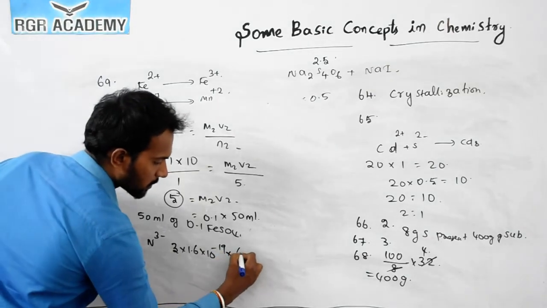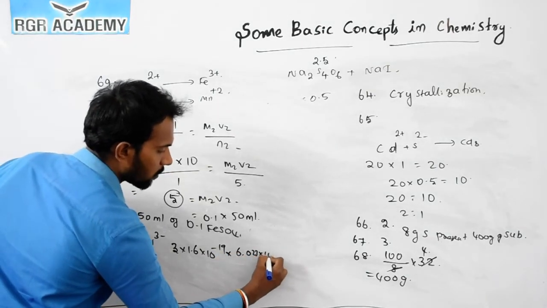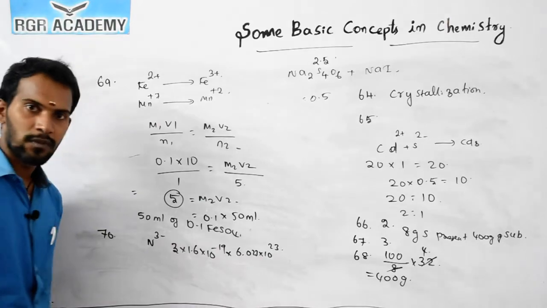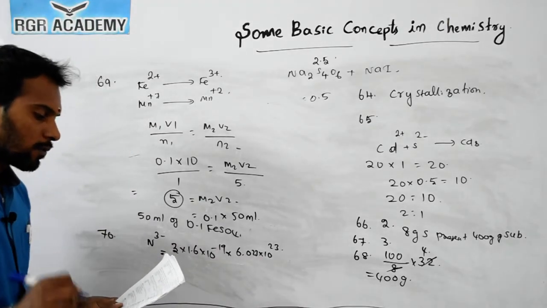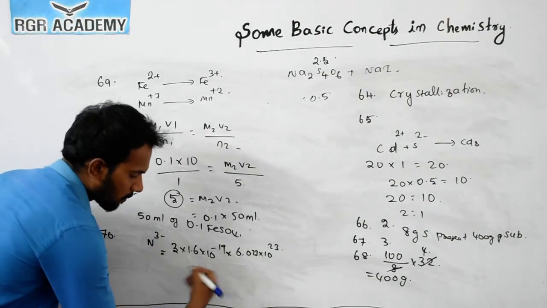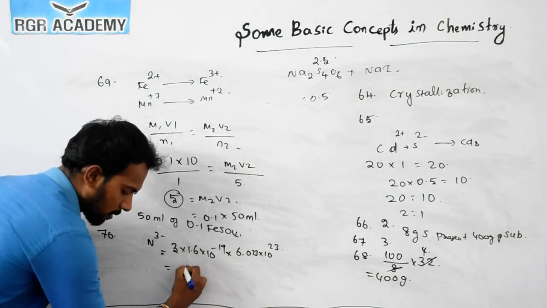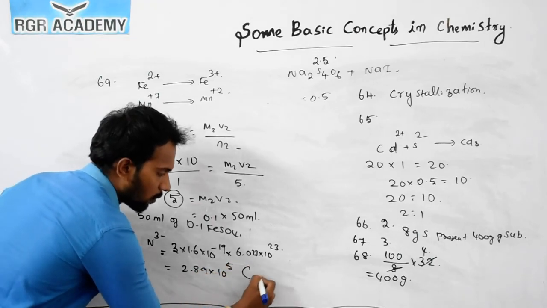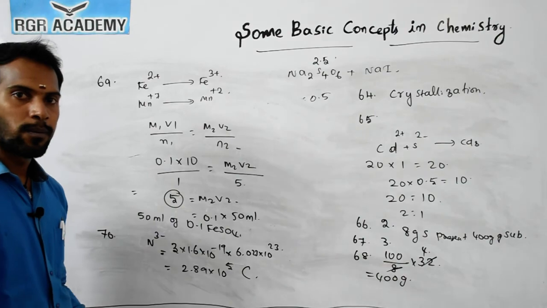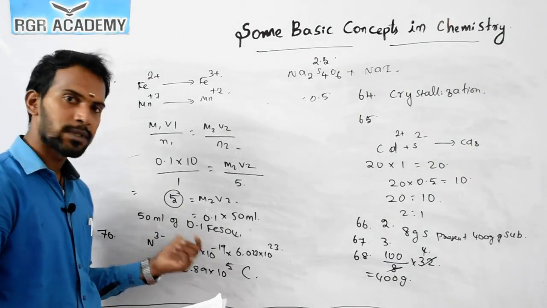So what is meant by Avogadro number? 6.023 into 10 power 23. Okay, correct one. Now see this one. So when you add these values, the value is 2.89 into 10 power 5 coulomb. So in part 2 discussion, we will discuss question number 71 to 90.